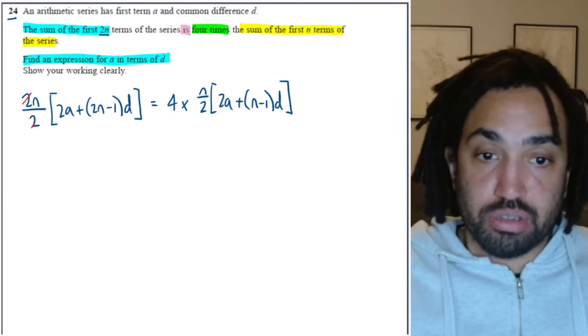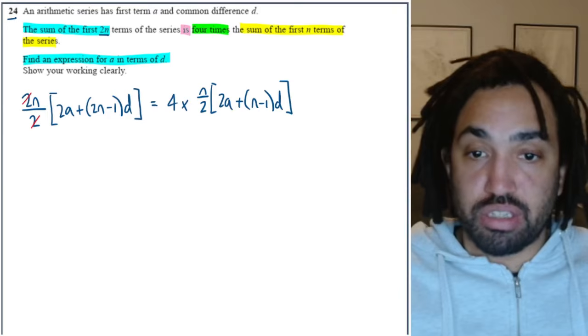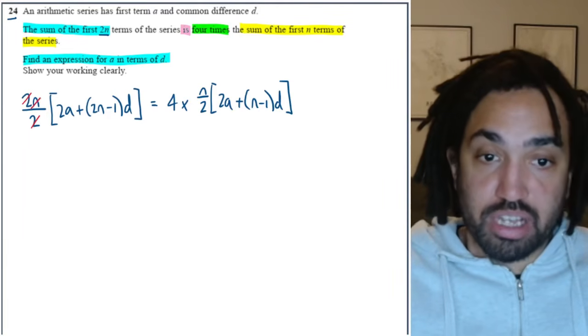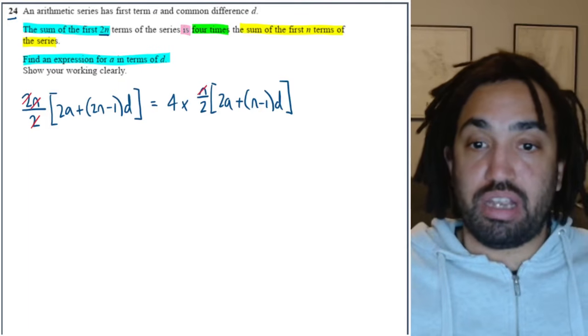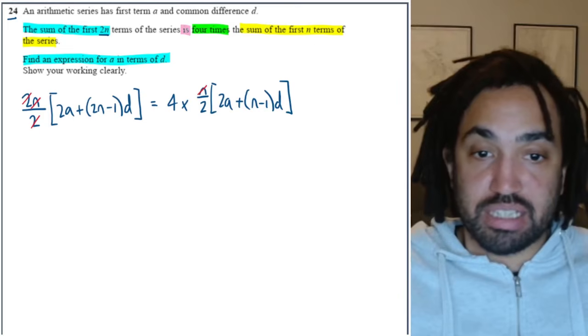Okay, first thing to do. 2 divided by 2. That can go away. Both sides of the equation we're multiplying by n, so we can just divide both sides by n. Great, they cancel out. Okay, now let's expand this left bracket here.